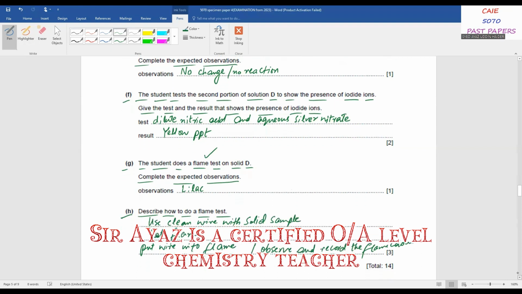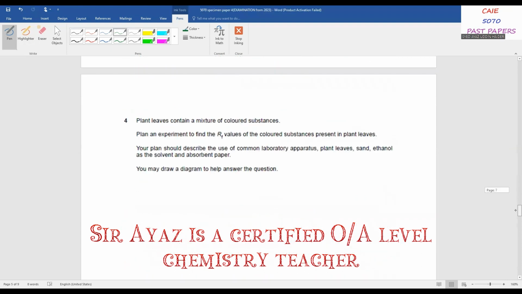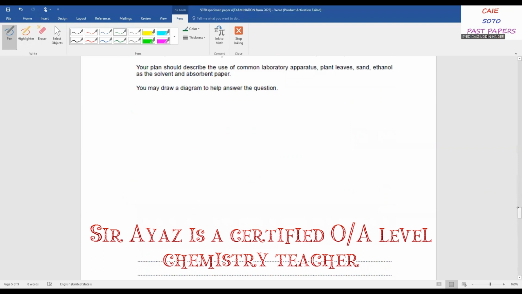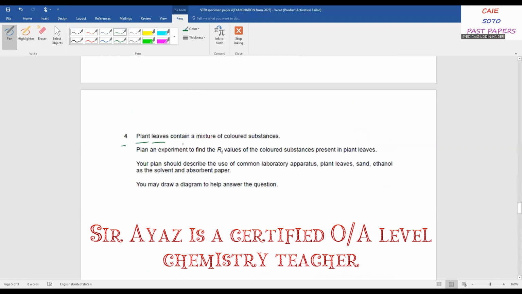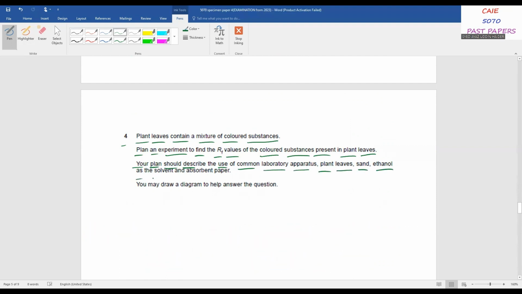Last question. Question number 4. Plant leaves contain a mixture of colored substances. Plan an experiment to find the RF values of the colored substances present in plant leaves. Your plan should describe the use of common laboratory apparatus, plant leaves, sand, ethanol as a solvent, and absorbent paper.